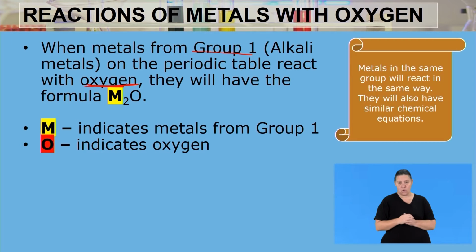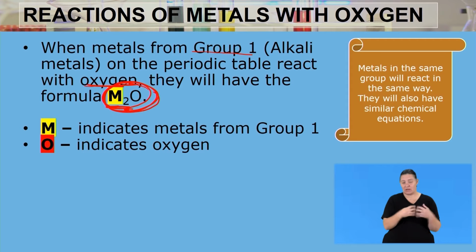That means the M represents the metal from group 1, and the 2 means that we need 2 atoms of that particular element from group 1. That metal will react with the oxygen. Remember, this product formed here is your metal oxide.